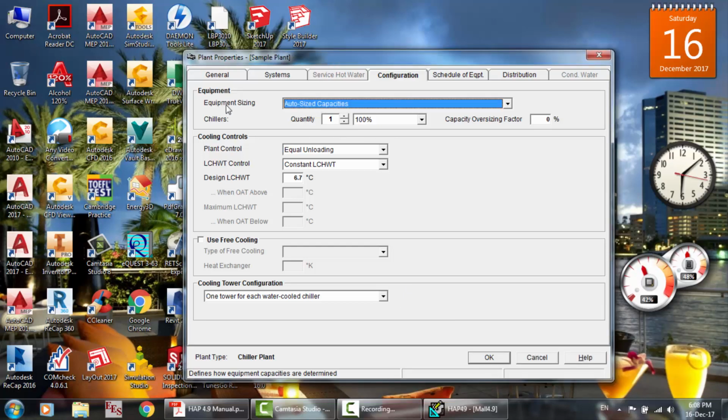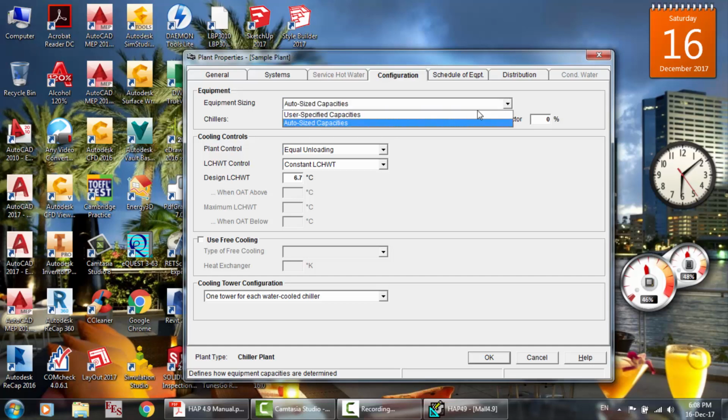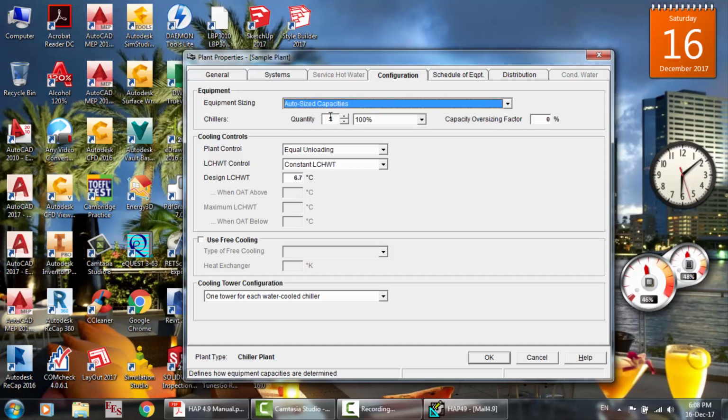So if you're here at equipment size, you can use auto-sized capacities. It will be calculated automatically by the software, or by you. And here are the chillers, the quantity, the number of chillers. You can put 2 or 3, up to 12. And if they are more than 1, suppose they are 4, you can make them equally sized, or not.